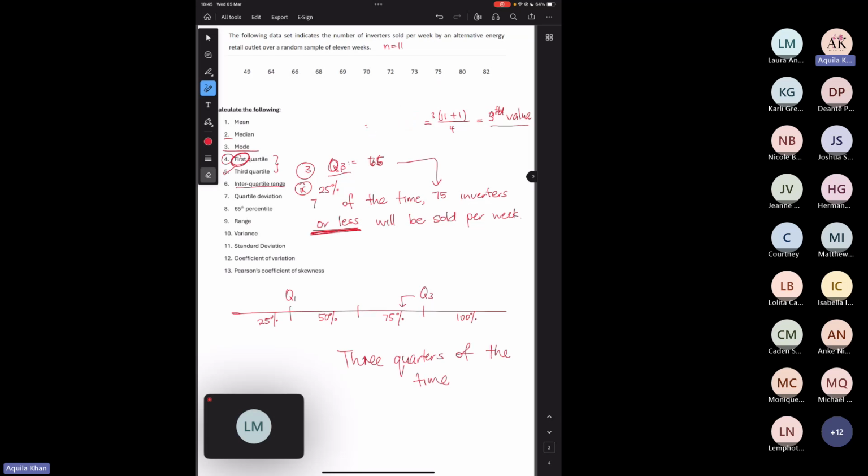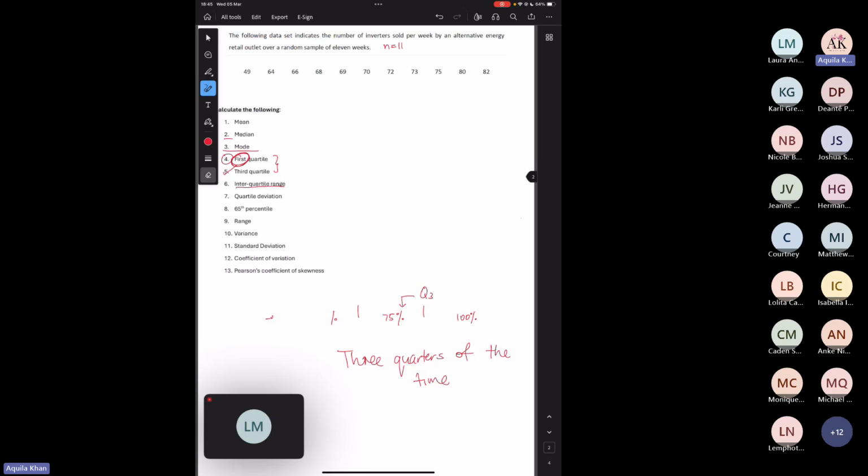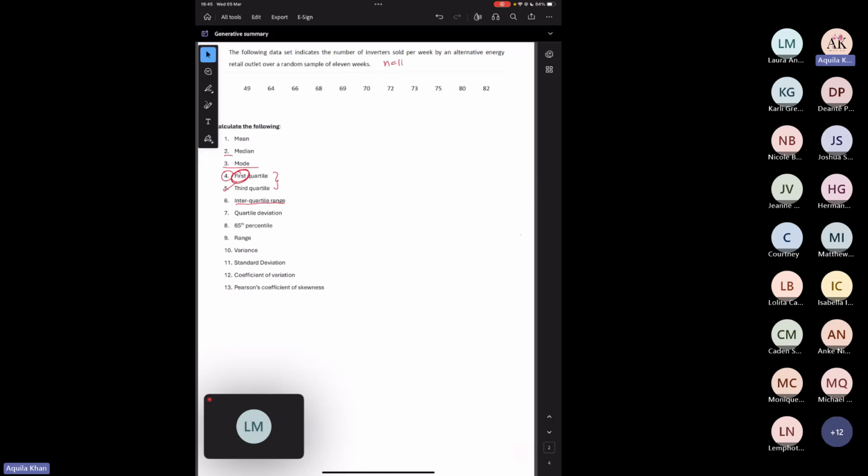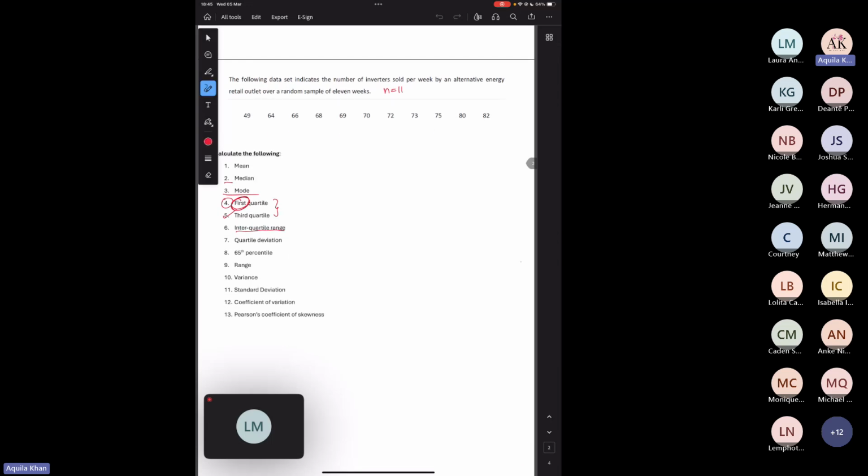So your interquartile range is quite simply calculated as the difference between the third quartile and the first quartile, meaning it's literally Q3 minus Q1. So we calculated Q1 just now, and that value was 66.